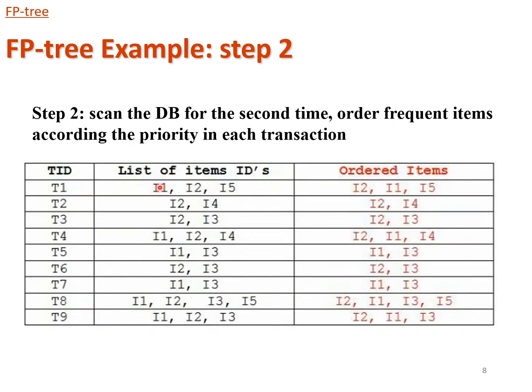After that, we rearrange each transaction based on the priority order that we just generated. So this is I1, I2, I5. However, it will become I2, I1, I5 because I2 has the highest frequency in this transaction, and I5 has the lowest frequency.